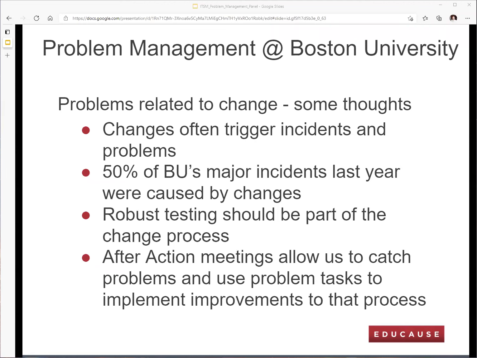And that's one of the reasons we have the after action meetings, because we can use those meetings to understand where we may have not tested fully, and we can take actions to prevent it in the future. The only downside of the after action meetings is that it's hard to scale it unless you have multiple people trained and able to run those meetings.